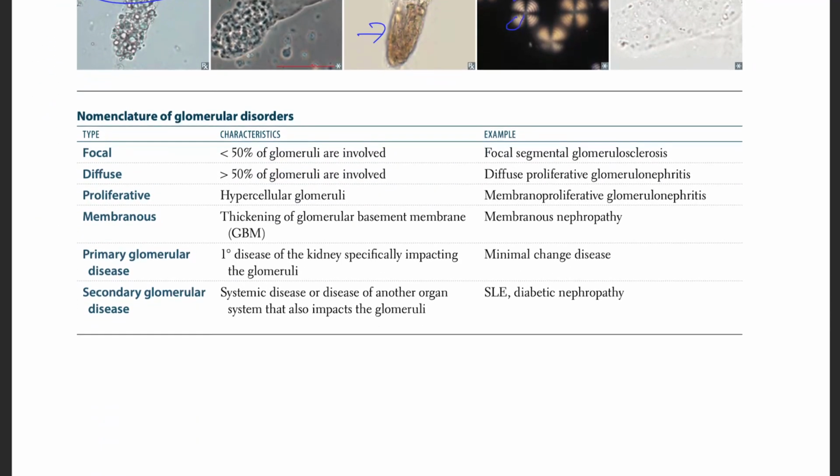Okay. Nomenclature of glomerular disorders. We have focal, meaning less than 50% of the glomeruli. We have diffuse, meaning greater than 50% of the glomeruli. Proliferative, meaning hypercellular glomeruli. Membranous, meaning thickening of the GBM, which is the glomerular basement membrane.